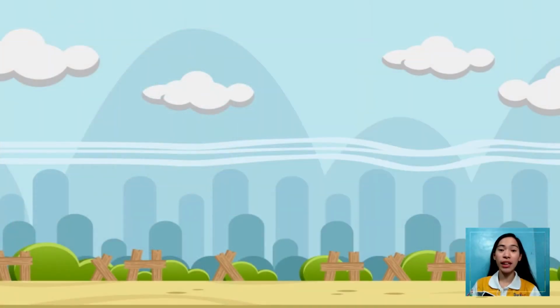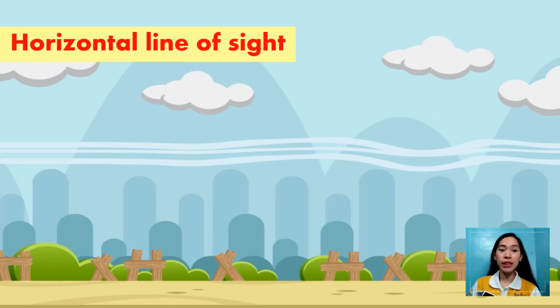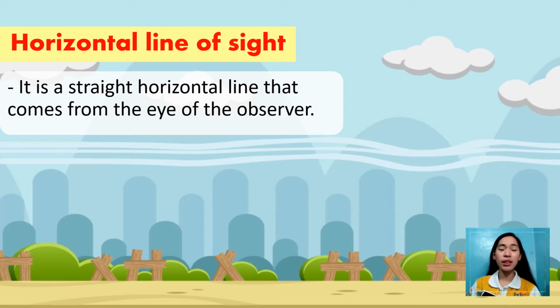To start with, let us define some related terms. First is horizontal line of sight. It is a straight horizontal line that comes from the eye of the observer. In other sources, it is also known as horizontal reference line, or some of them call it eye level, or some books call it simply horizontal.